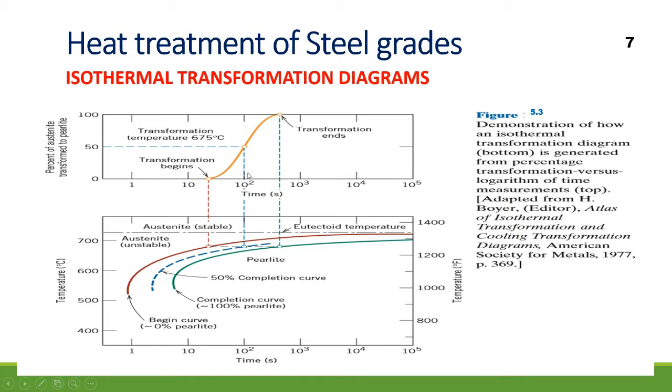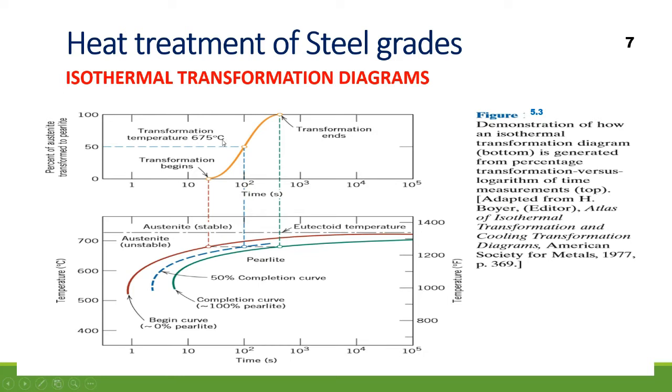Here you see a graph, a variation based on the Avrami equation, which is an S-shaped curve, and here the transformation temperature is 675 degrees Celsius.